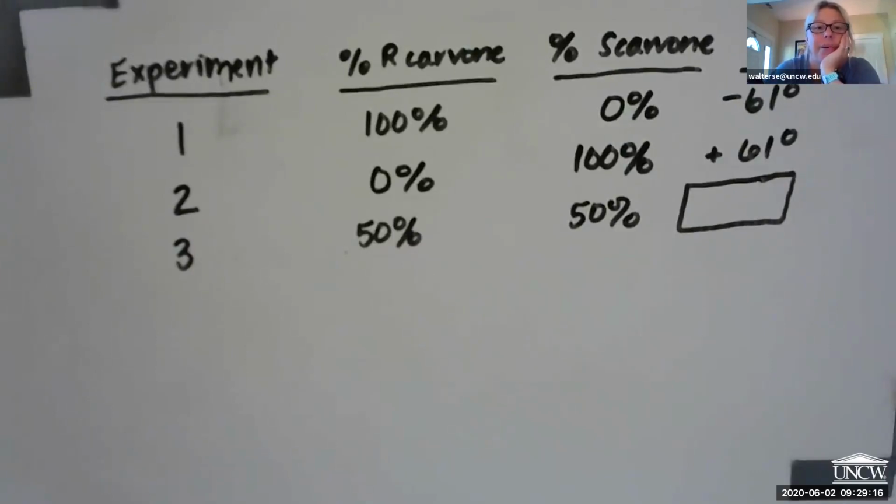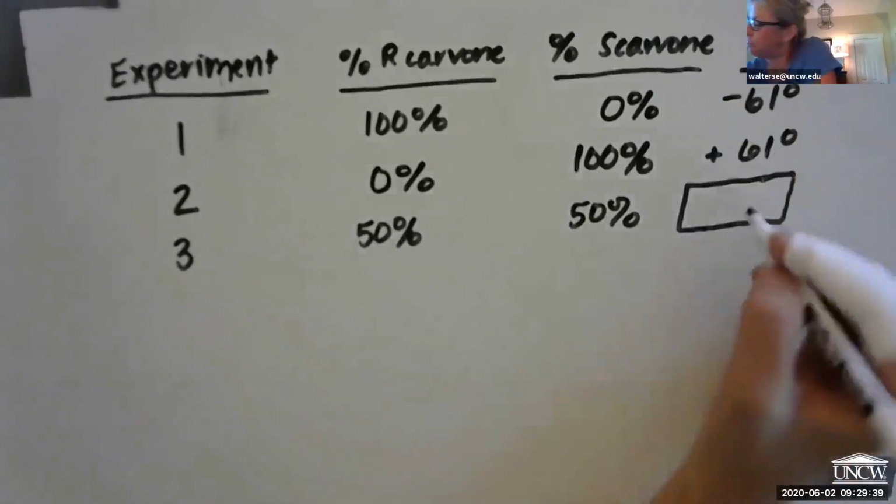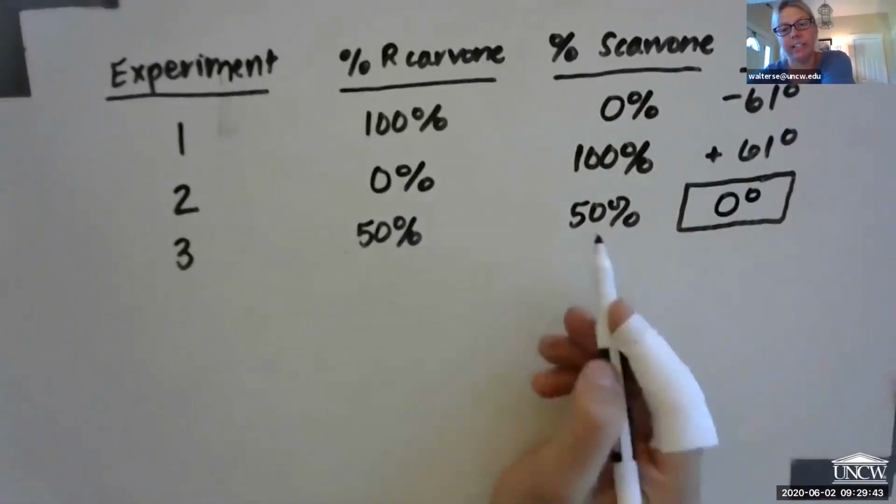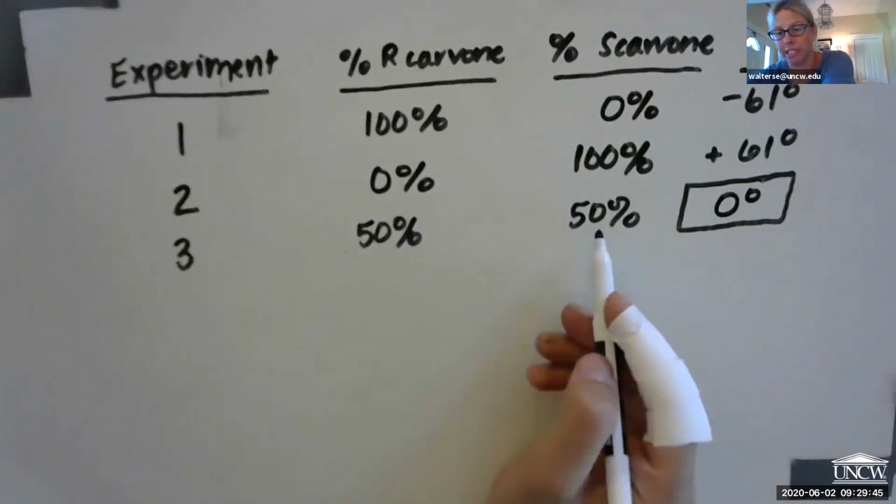Can you go into your participants and tell me if you agree? Do you think it'll be 0, yes or no? Perfect. All right, so we have 13 votes so far. They're all yeses. That is correct. This will be 0. So for every one molecule that rotates to the left, you have a matching one that rotates to the right.